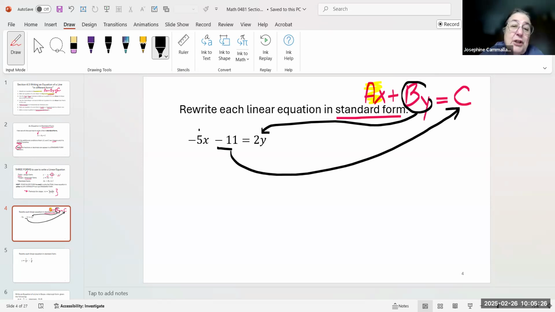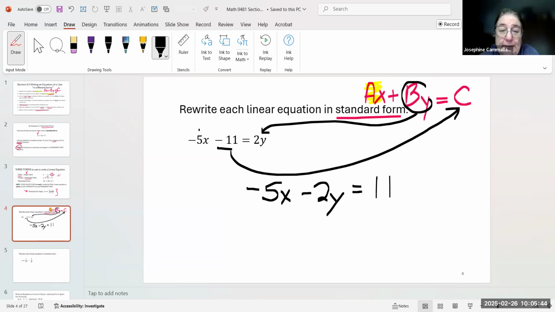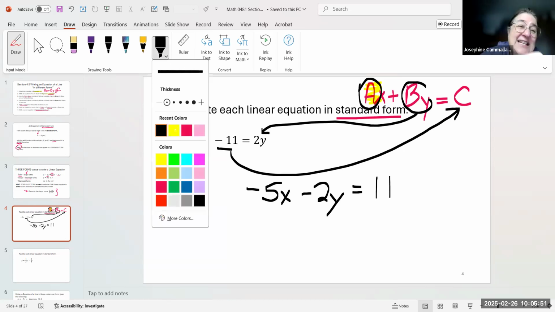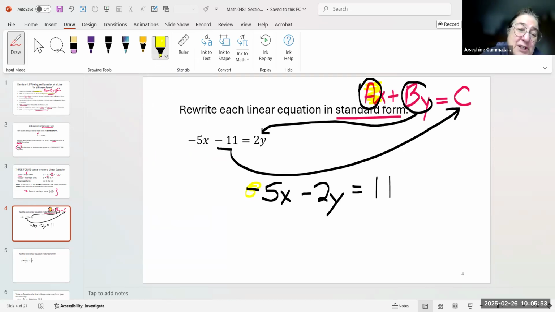Now, you can quickly write negative 5x. Now we're going to bring the 2y so that it falls behind the x term, and then we're going to move the 11 to the other side of the equal sign. But remember, this a cannot be negative, which is what it is here.